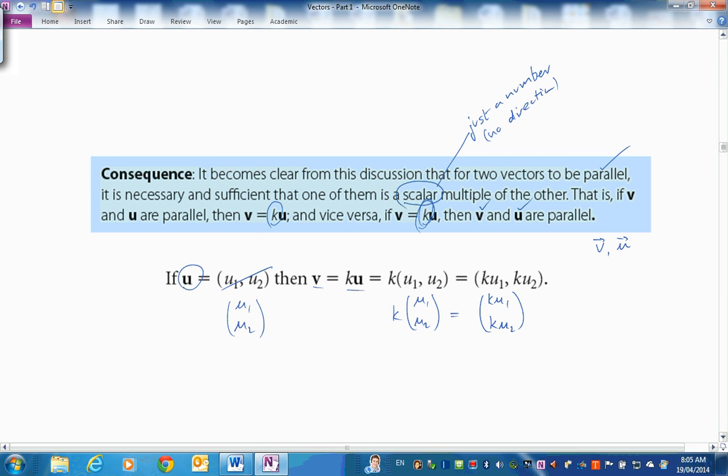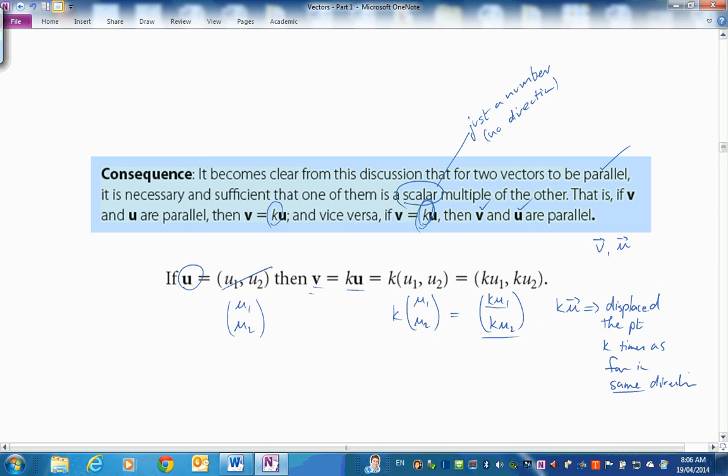In other words, k times u implies you have displaced the point k times as far in the same direction. So it's k lots of the x and k lots of the y displacement. You can see why. To maintain the direction, you have to do the same to both x and y components.